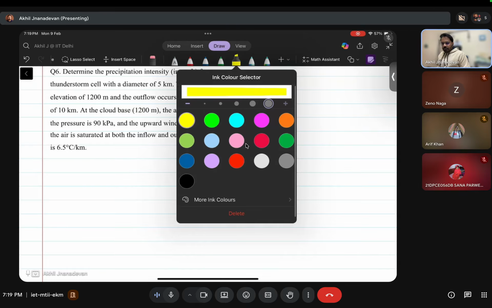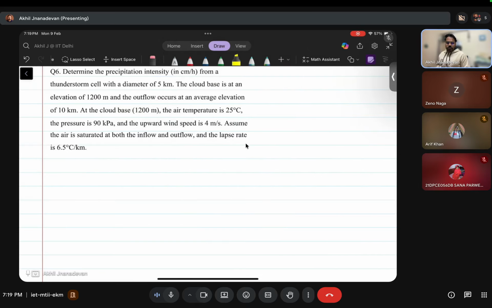So directly we need to apply the equation for I. We have already derived the equation for intensity with the help of the thunderstorm cell model. So we have to find the intensity I from a thunderstorm cell with a diameter of 5 kilometers. So as you explained, they are taking an area of 5 kilometers. The entire 5 kilometer area they're trying to model using the thunderstorm cell model.